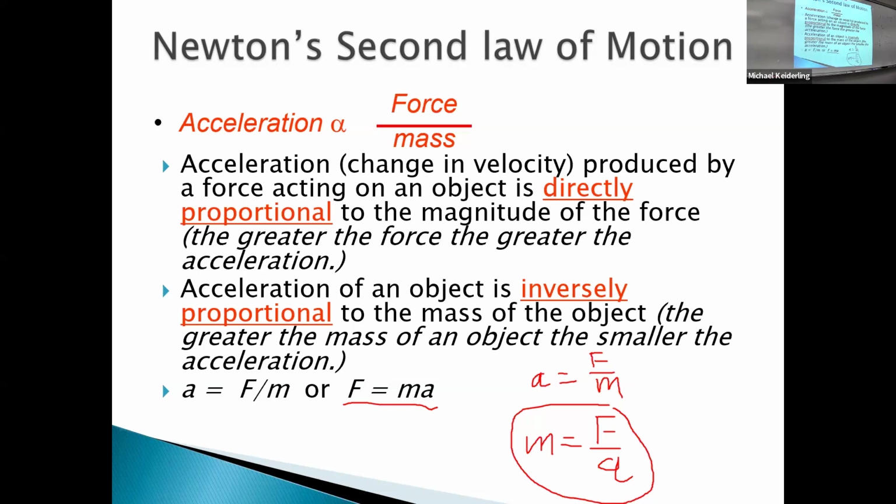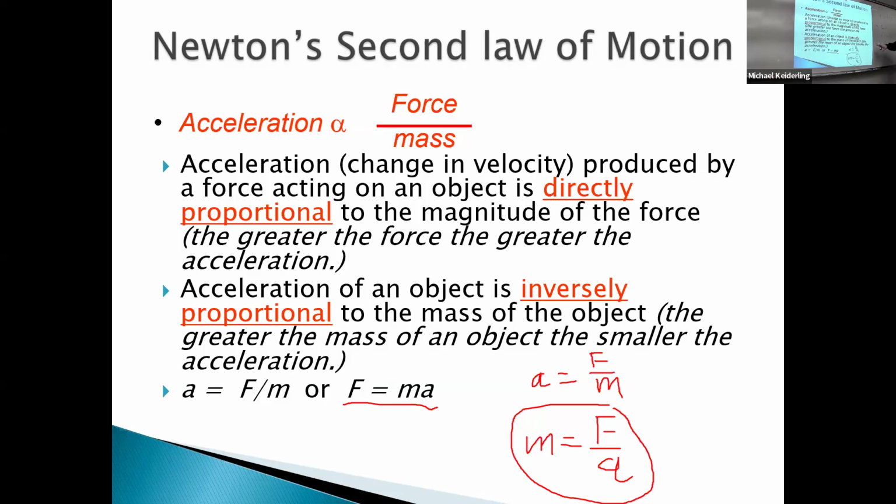So the bigger the force, the bigger the acceleration; the bigger the mass, the smaller the acceleration. And this actually also covers Newton's first law, because this force here is the net force, the total force.